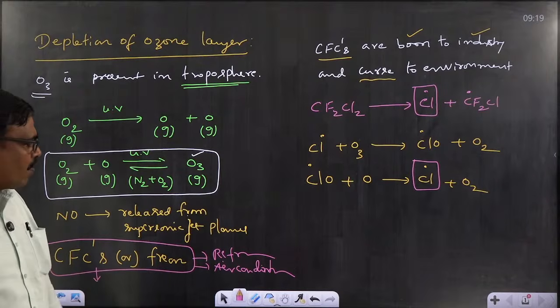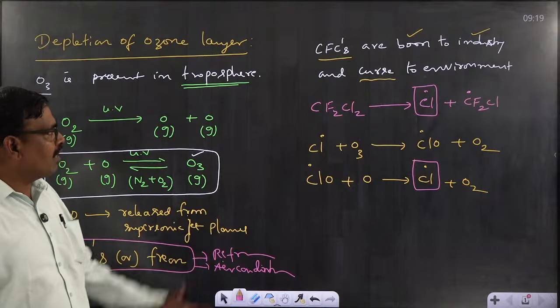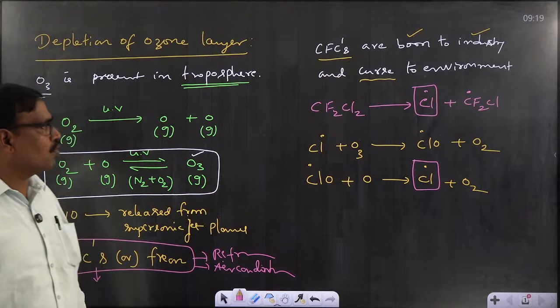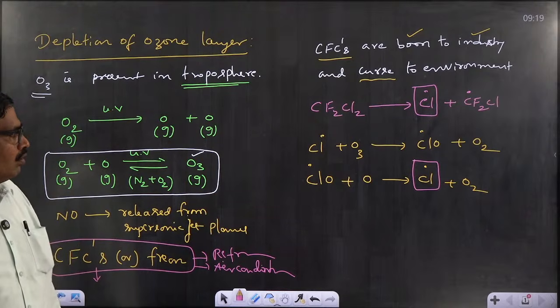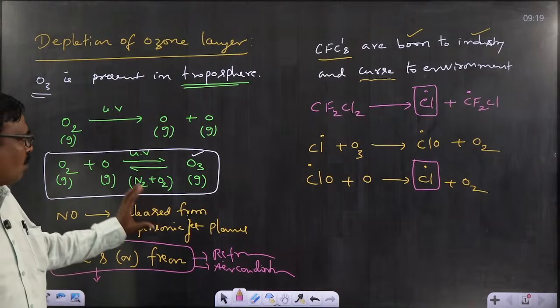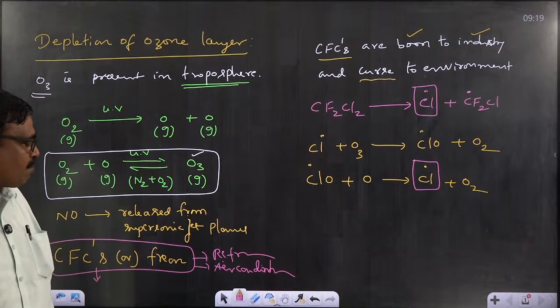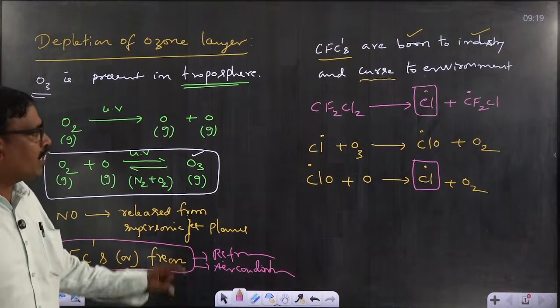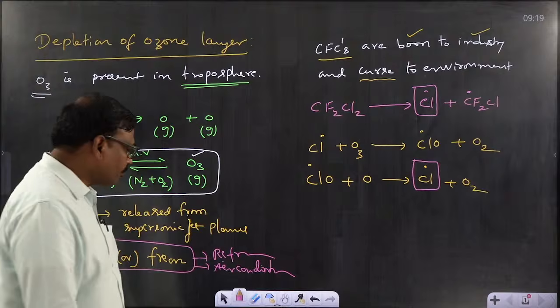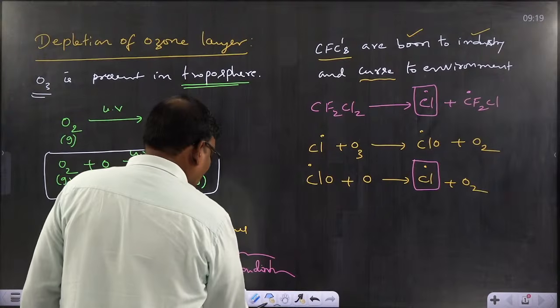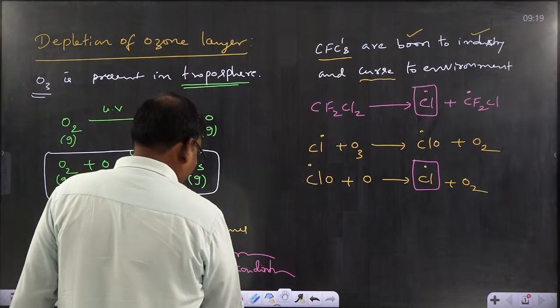So these are the drawbacks identified whenever ozone holes are produced. It is also one of the important factors which destroy the environment.